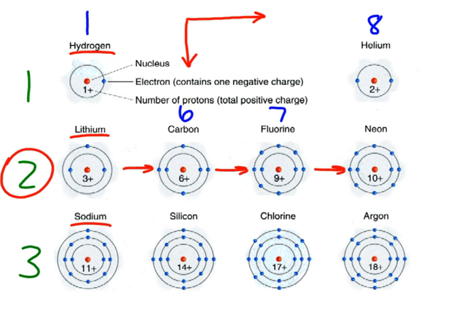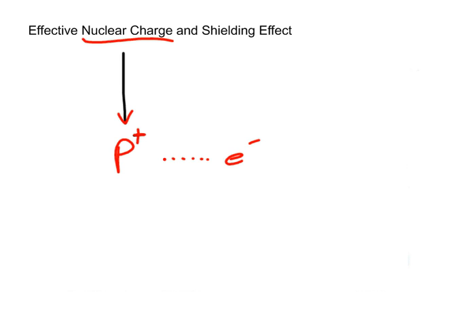All right? So now that we have a good idea of what nuclear charge is, what I'd like to talk about next is effective nuclear charge, which draws on the same basis, but we are going to be taking a look at a particular type of attraction between the protons and electrons, or specifically a particular type of electron.